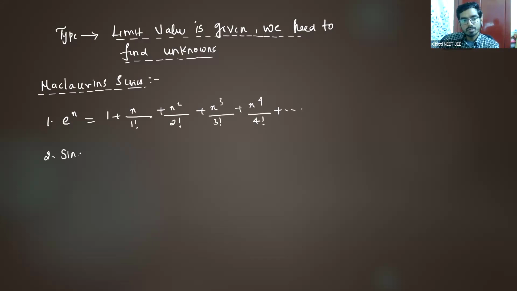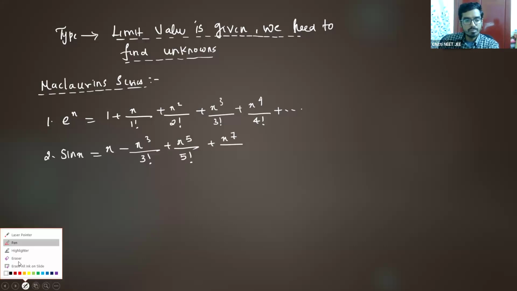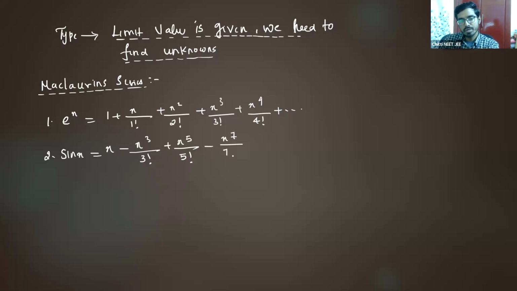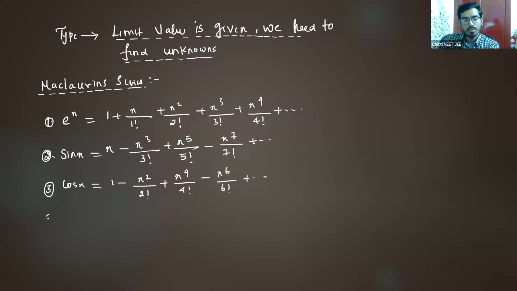And the expansion of sin x, x minus x cube by 3 factorial, plus x power 5 by 5 factorial, minus x power 7 by 7 factorial, and so on. And the expansion of cos x, 1 minus x square by 2 factorial, plus x power 4 by 4 factorial, minus x power 6 by 6 factorial, and so on.